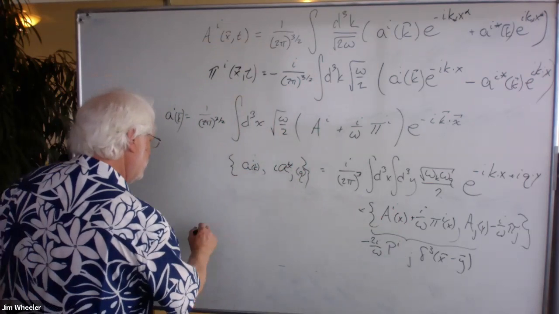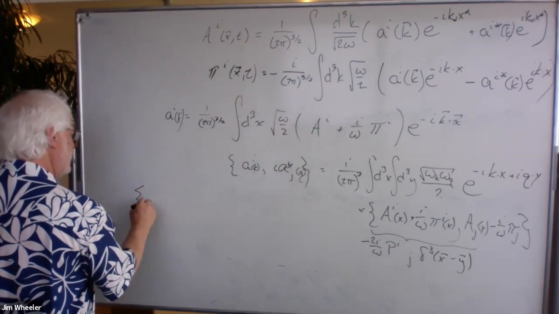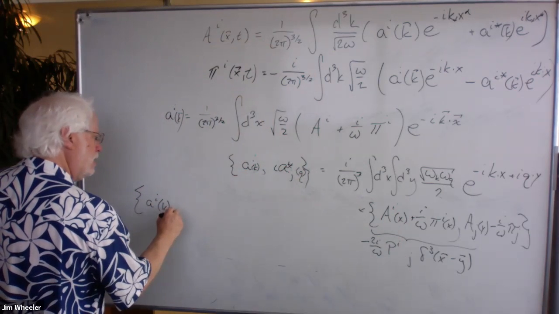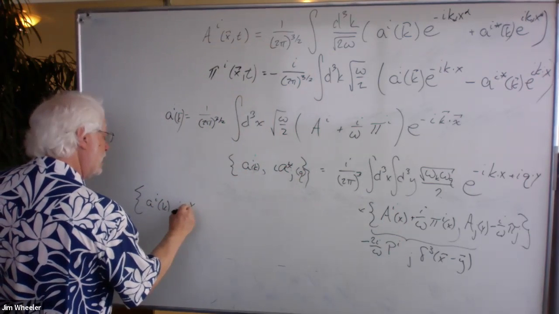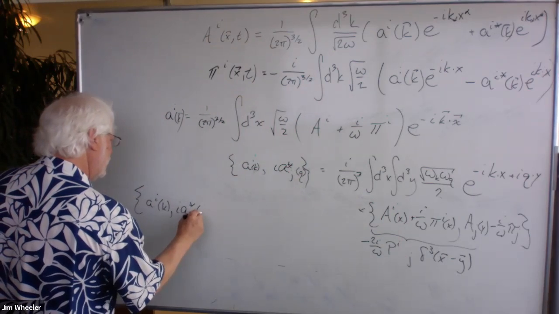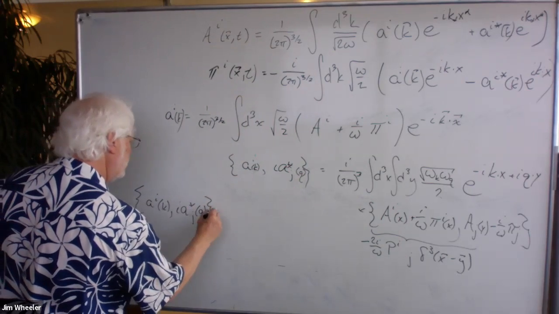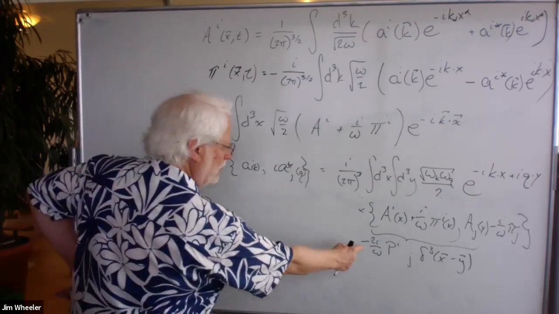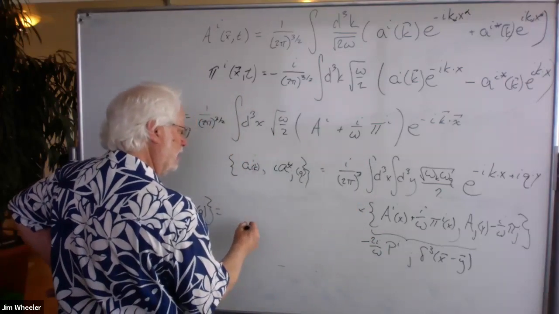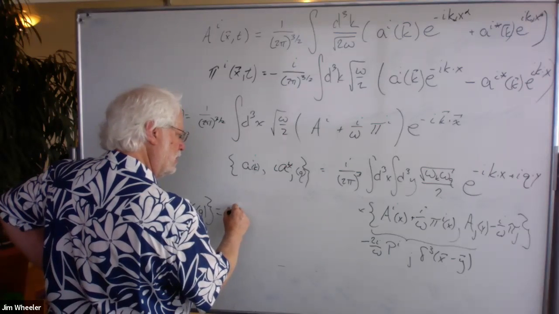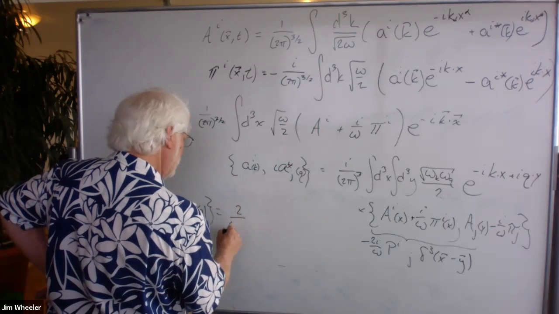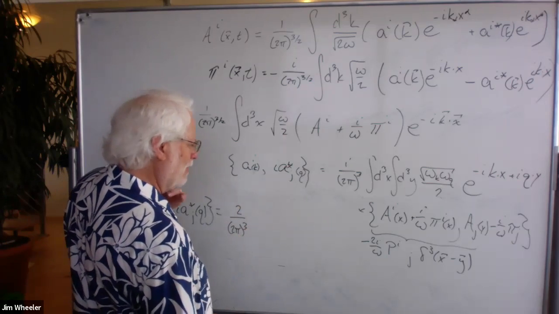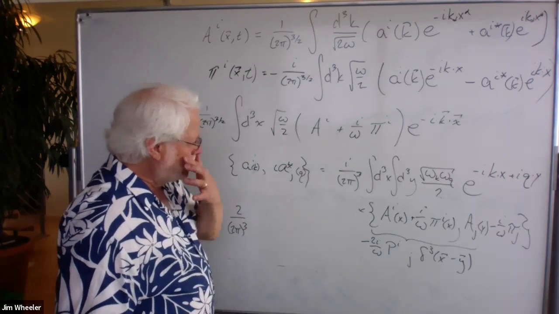So now we can do some integration. So here we have ai of k with I, a conjugate j of q equals what? Let's see, a minus I and an I here. We're just going to get a 2. We've got 2 pi cubed. The del 3 of x.